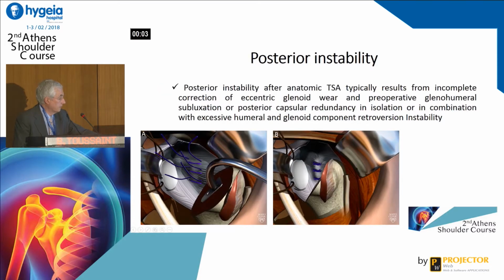For posterior instability, it's sometimes very difficult, and it's very important to check the stability and the posterior subluxation of the implant during the procedure, so you can make some plication of the posterior capsule.